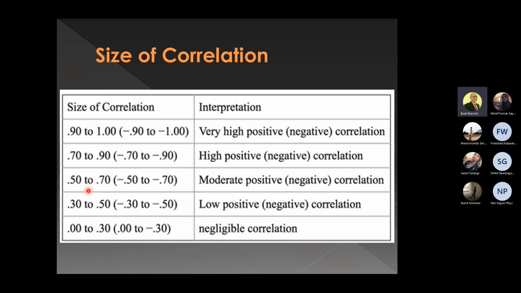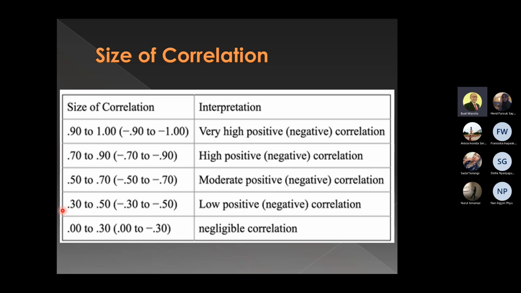And then the third is when the value of the correlation coefficient is between 0.5 and 0.7, we can interpret that the relationship is moderate, moderate correlation, moderate relationship.